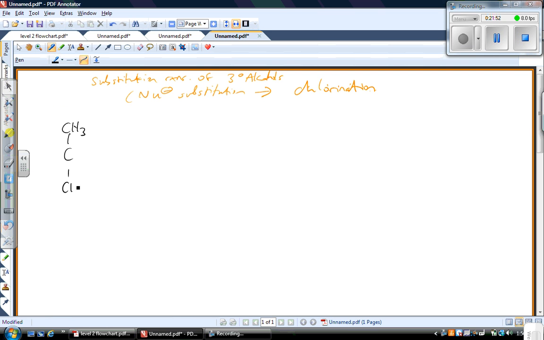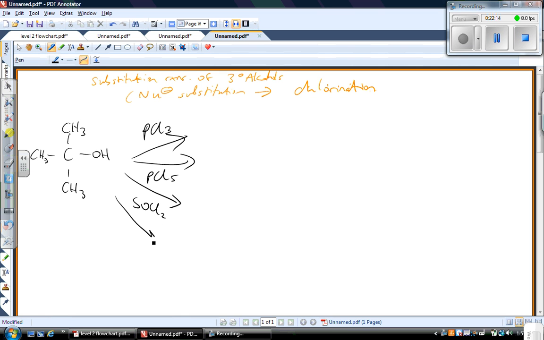With a tertiary alcohol, you must have a central carbon with the OH group attached, and you must have 3 other carbons attached to it. The possible chlorinating agents: we can use PCl3, phosphorus trichloride. We can use PCl5, phosphorus pentachloride. We can use SOCl2, which is thionyl chloride. Or we can use a mixture of ZnCl2, zinc chloride, plus concentrated HCl, which is known as Lucas reagent.